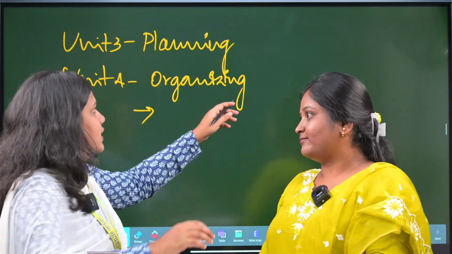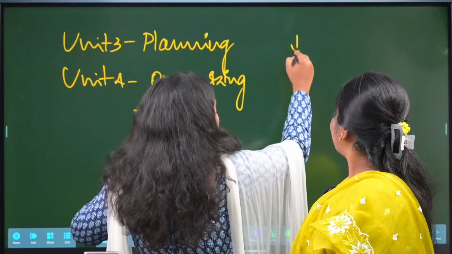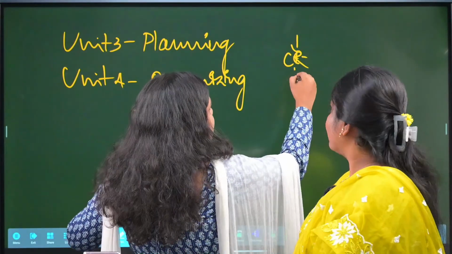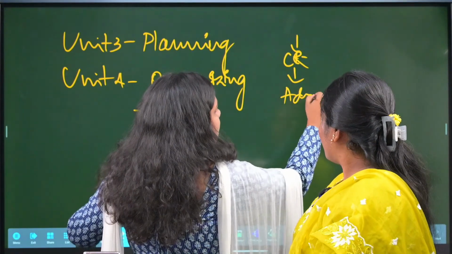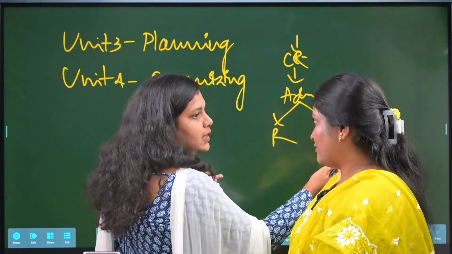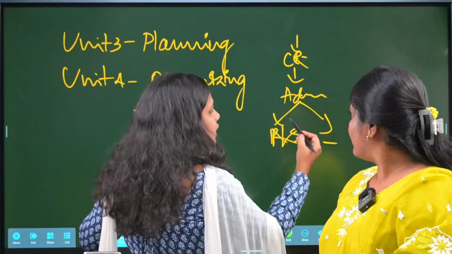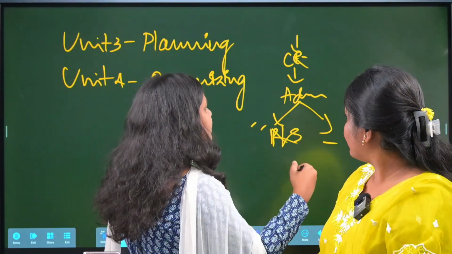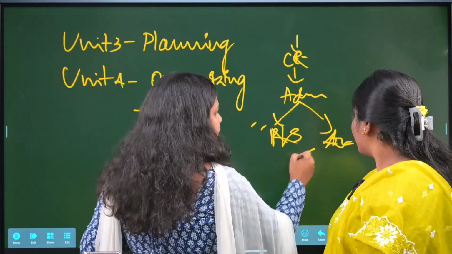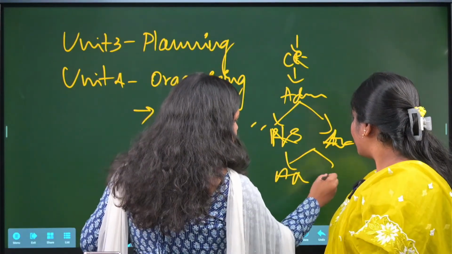For example, first in the hospital or in the college, a chairperson or chairman will be there. Under that, the admin or administrators will come. Under that, the principal of the college or the hospital, then vice principal, nursing superintendent will come. When we are talking about hospitals, then assistant and deputy will be there, then assistant nursing superintendents will be there.